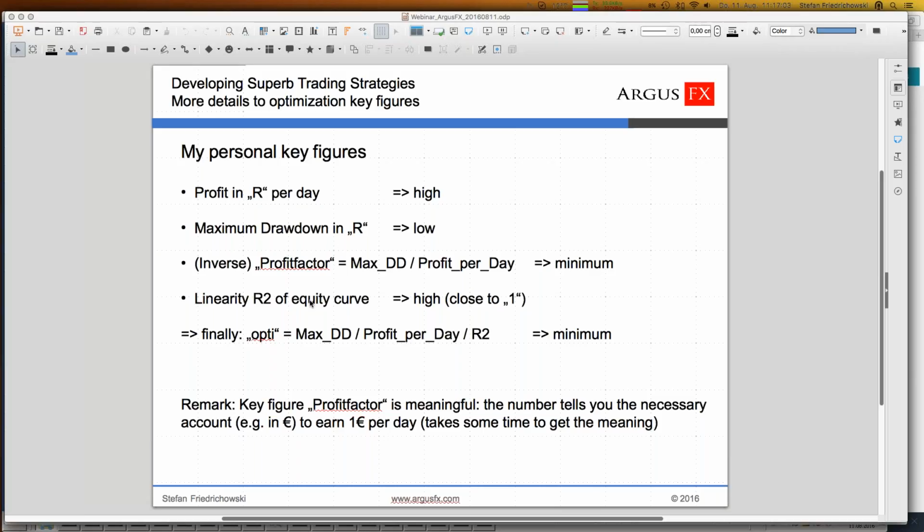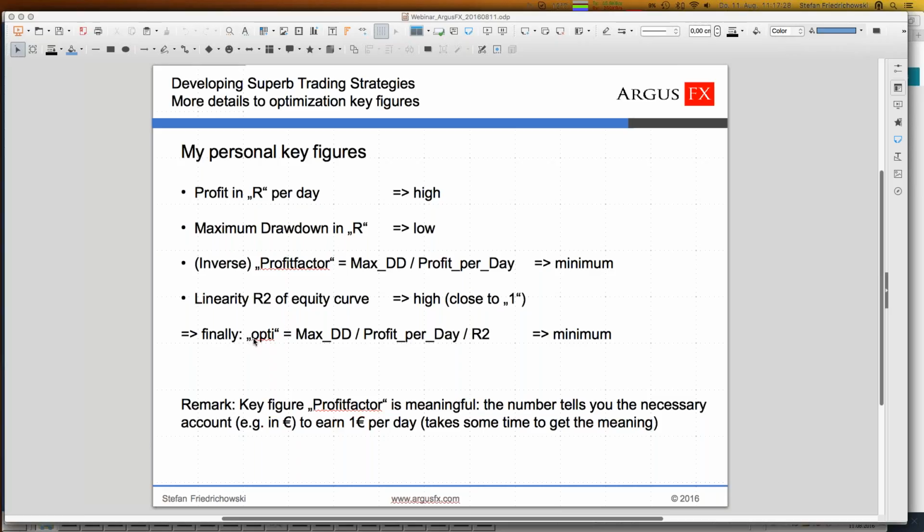Of course, I ask myself, what is the profit per day? And I ask myself, what is my drawdown I would suffer? So those numbers make sense and are important for trading at all. So that is one remark. My key figures for optimization, any strategy.